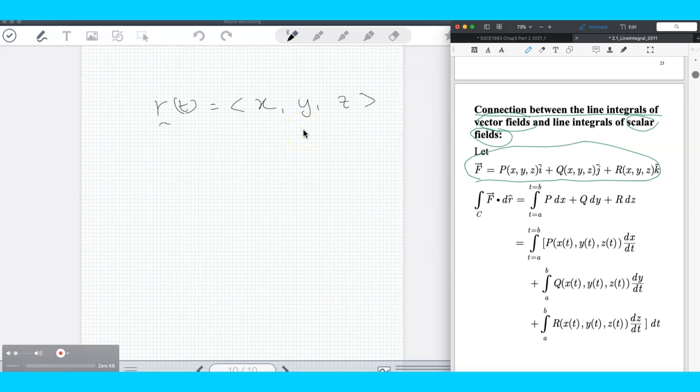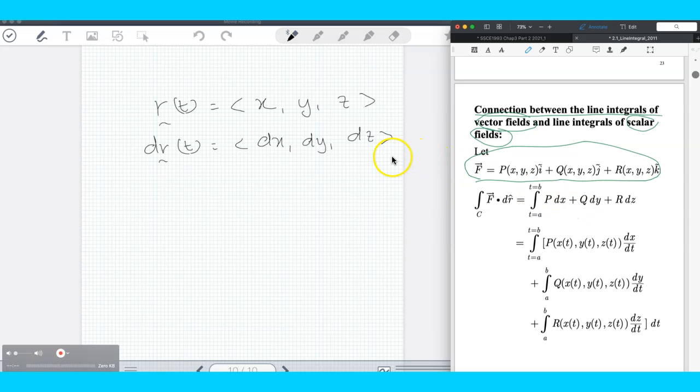Okay, if you're given components x, y, and z, your dr should contain x, y, and z. But if you only have the i and j components, you have only x and y. But in this case you are given space, so dr, meaning that you have to differentiate, will give you dx, dy, dz.